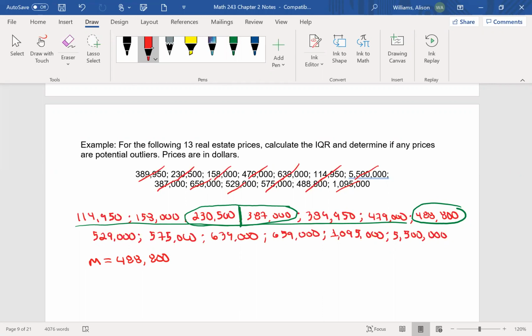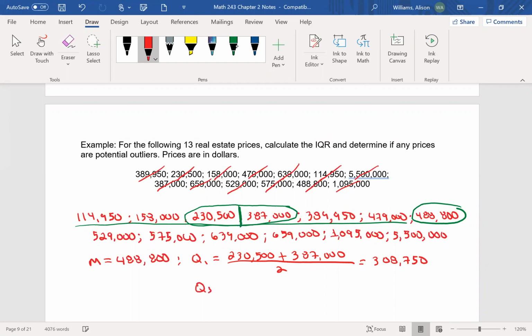So I'm going to add those two together. 230,000, oops, 500 plus 387,000 divided by 2. Let's see, that'll come out to 308,750. Okay, so there's Q1.